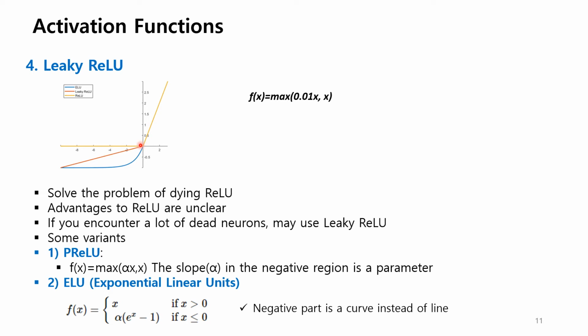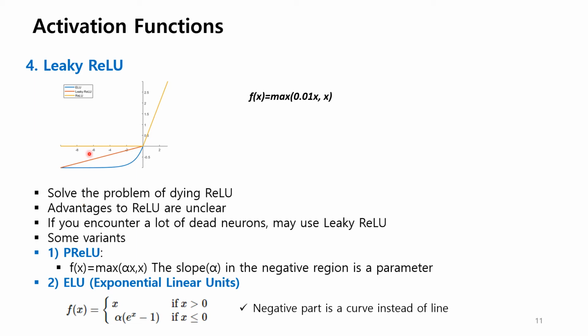So to solve that problem, people came up with a new activation function called leaky ReLU. In the negative part here, instead of 0, it returns a small slope, like this. So if x is negative, its gradient is very small, not 0. That way, the gradient is not 0 now, and you try to solve the problem of dying neurons.